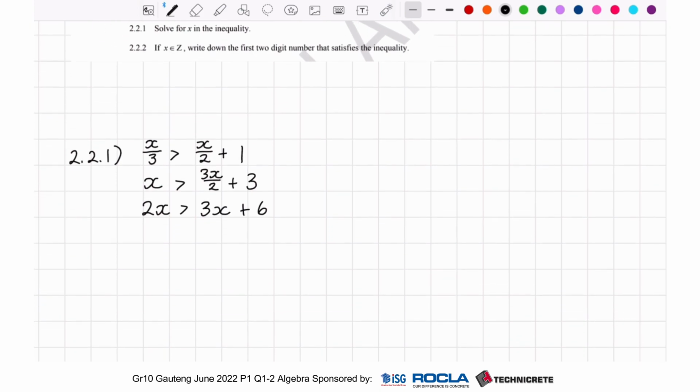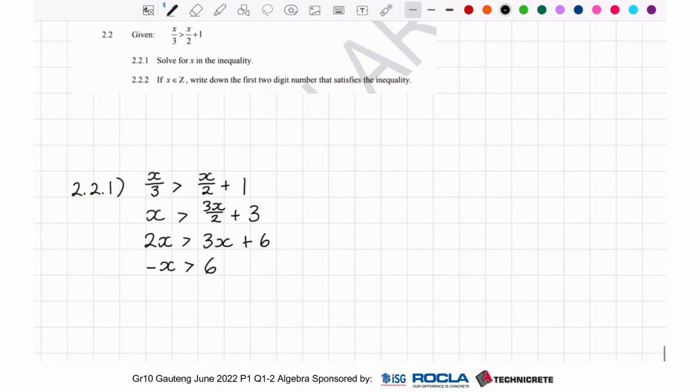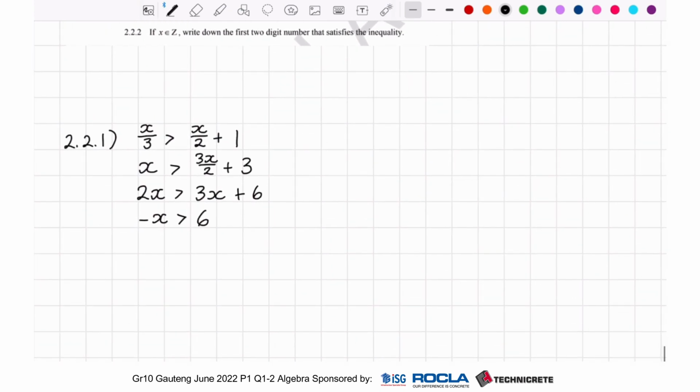Okay, now I want all my x's on one side and all my numbers on the other side. So I'm going to take 3x over to the left-hand side and I'm left with minus x and 6 on the right-hand side. And I was asked to solve for x and not solve for negative x, so I want to multiply both sides by negative 1 so that I have x on the left-hand side and I have negative 6 on the right-hand side.